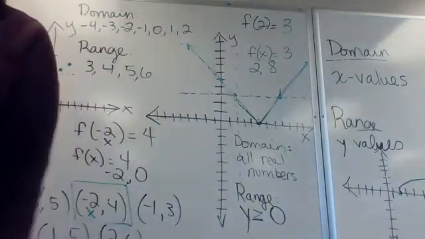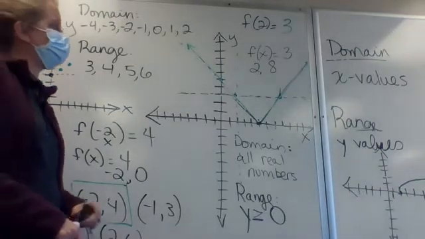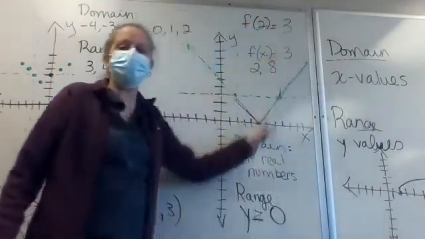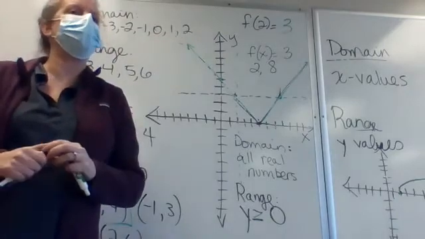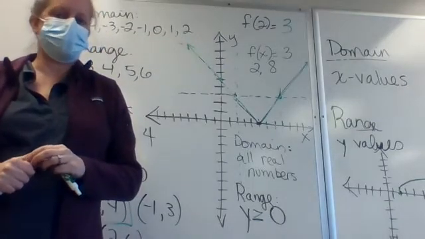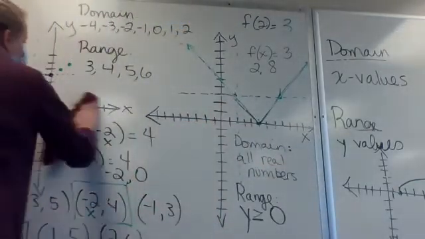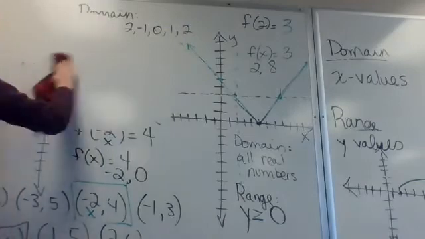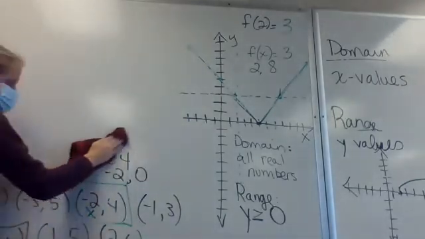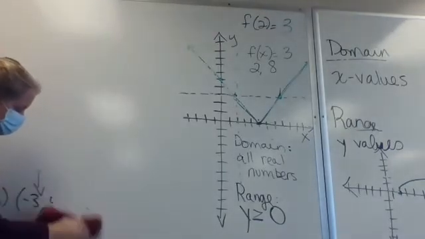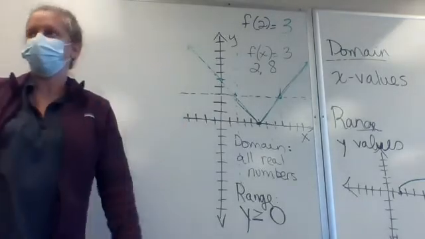Okay, so that's problem 1 and problem 2. The rest of this section is just going to be talking about the domain. Instead of giving us a picture of the graph, it's going to give us the written out function without a picture. So when it does like that, when you're finding the domain, which is all the x values that can possibly be in the function, what you're actually going to be looking for is anything x could not be.